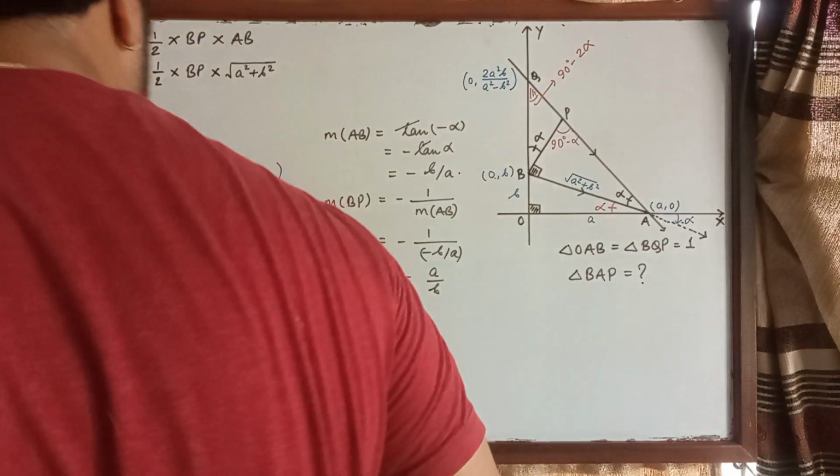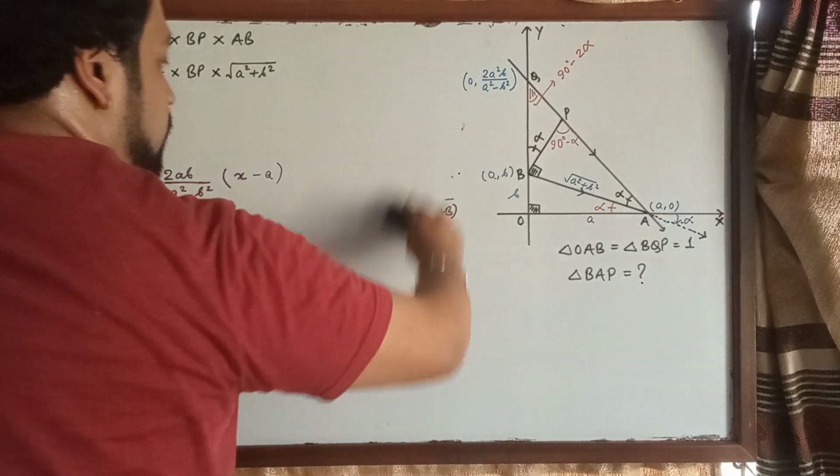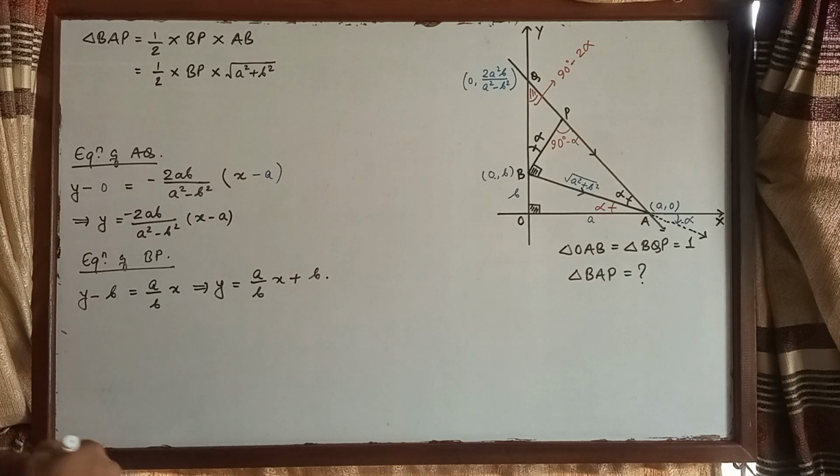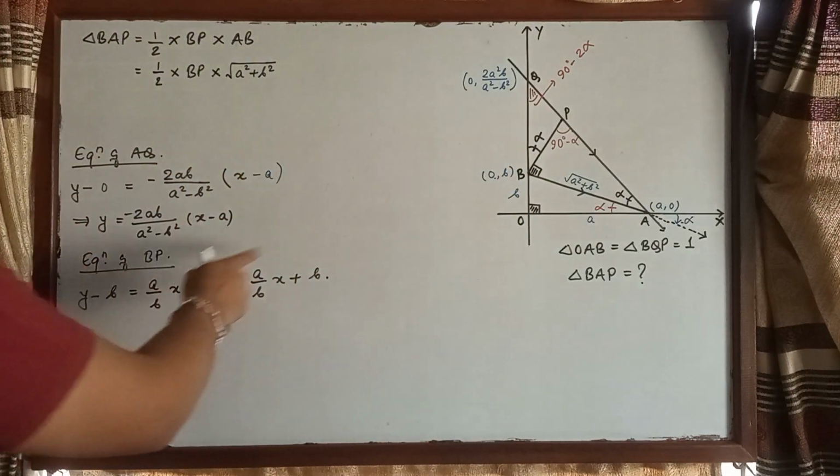Now we have the equation of AQ and we have the equation of BP. So we can find the coordinates of P by solving these two equations.